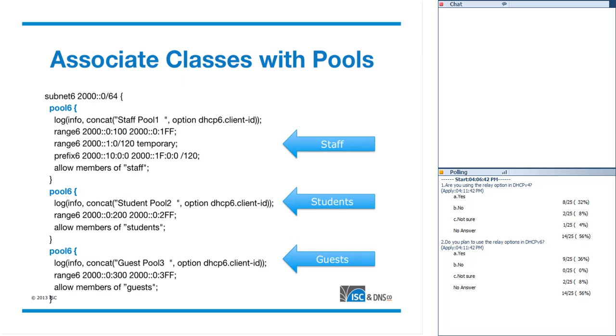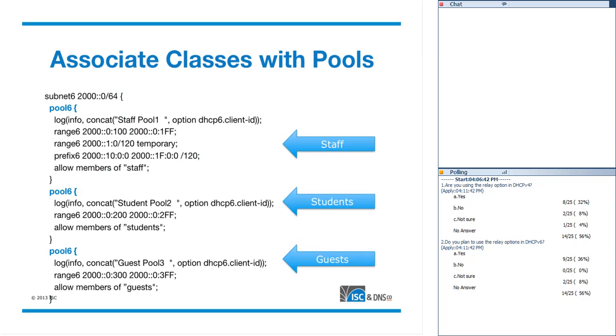The staff class gets a better pool that you get both TAs and NAs as well as prefixes. The students and the guests don't get prefixes or TA addresses. So you can see that you can do different things. Again, it's a pretty simple example, but it shows some of the opportunities you have.